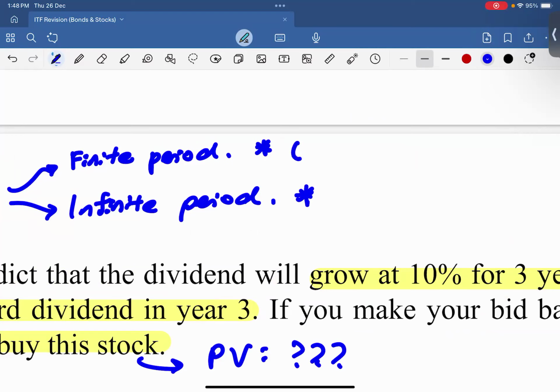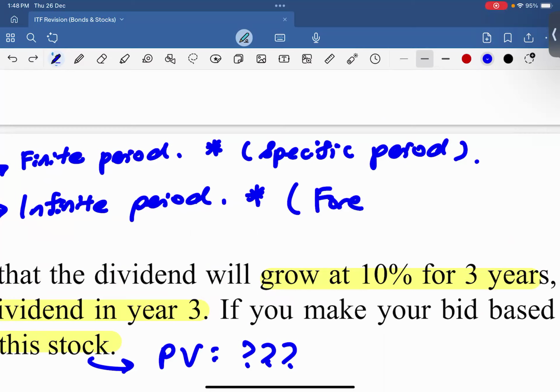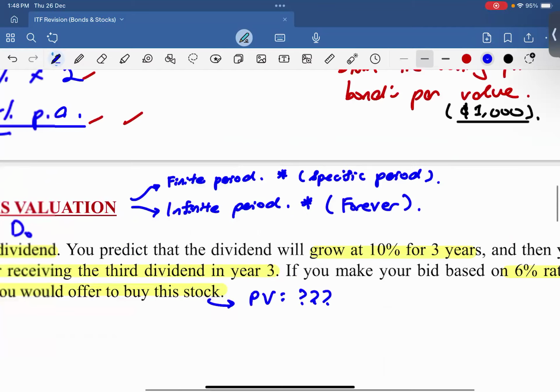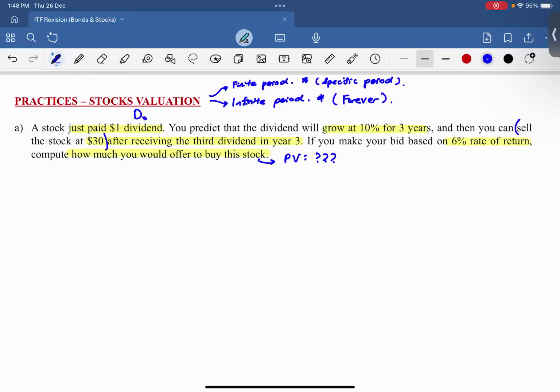For finite period, you hold the stock for a specific period of time. That means at the end you will sell it off. Infinite means you hold it forever, because the formula that you're going to use will be different.